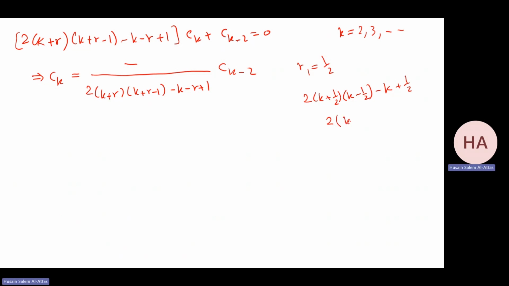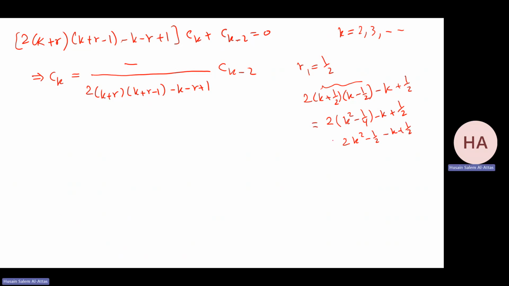Okay, so fix that. That will be 2 times K squared minus 1 over 4, minus K plus half. So that will be 2K squared minus half minus K plus half.